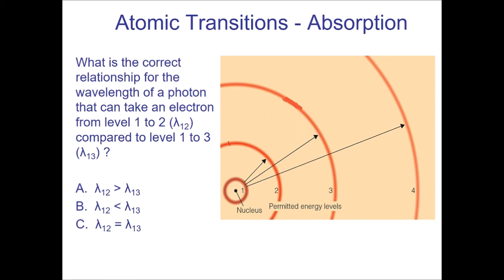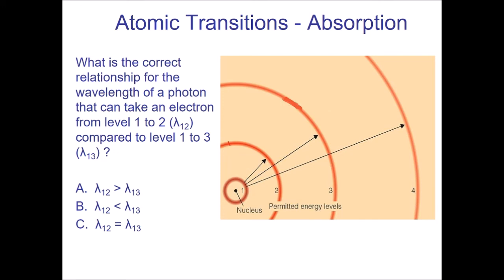And there would be photons with a particular wavelength that could take you from 1 to 2 or from 1 to 3. What I want you to think about here is what would be the correct relationship for the photons that can do these two things. We just established that it takes more energy to go from 1 to 3. There's less energy from 1 to 2.